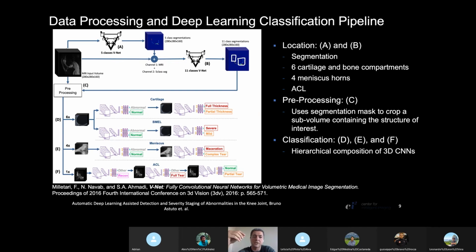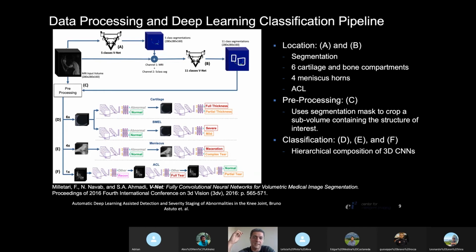We use the segmentations also to quantify biomarkers of osteoarthritis, like cartilage thickness and volume. And GE was very interested in using the segmentations in their product. So the segmentation is also a product of the project.